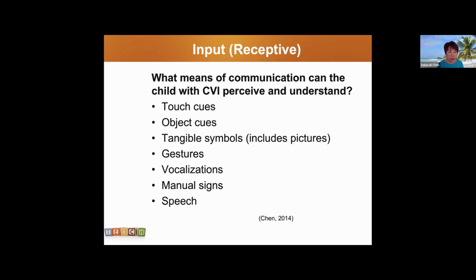Or you might use a gesture, like putting on your shoe, gesturing that movement. A vocalization to get the child's attention. Or a manual sign, signing shoe on, or saying, get your shoe on.